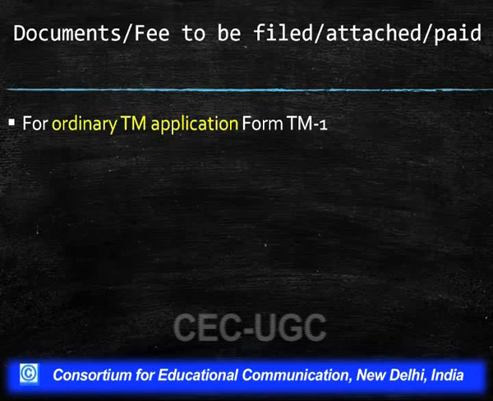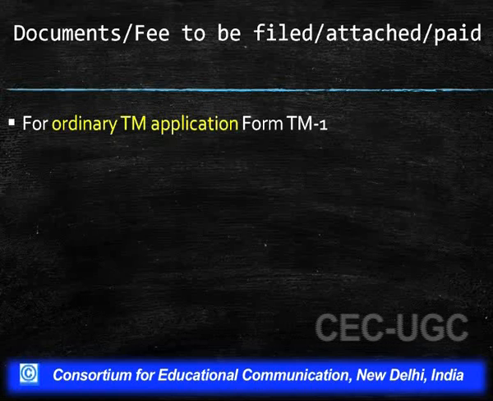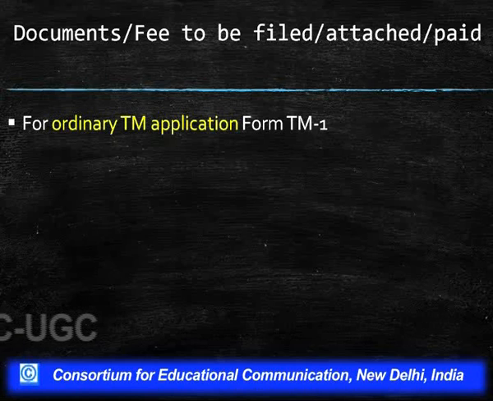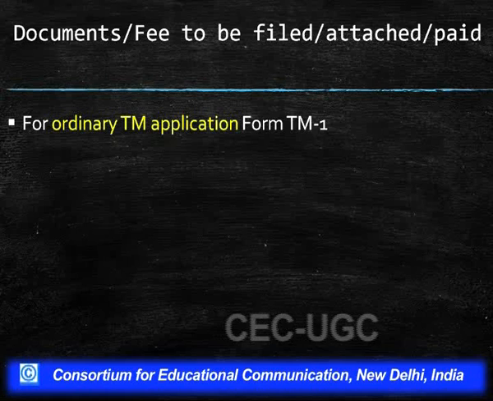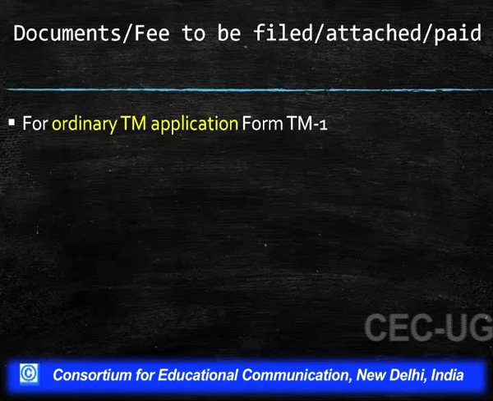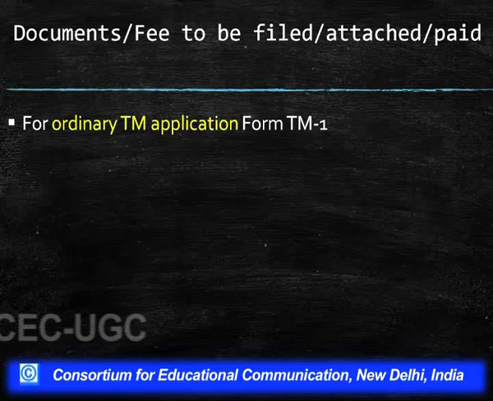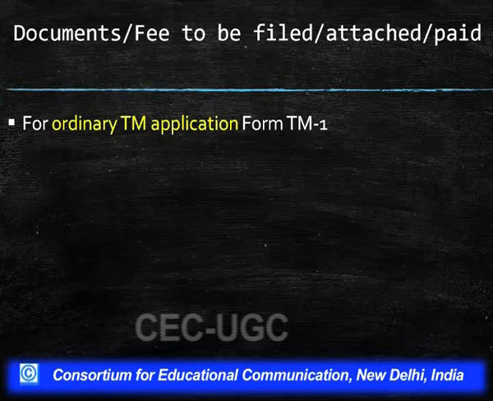This form trademark 1 is available online. One can access and download it from the trademarks registry office or from the website of the Indian Intellectual Property Office, I mean the Intellectual Property Office of India.